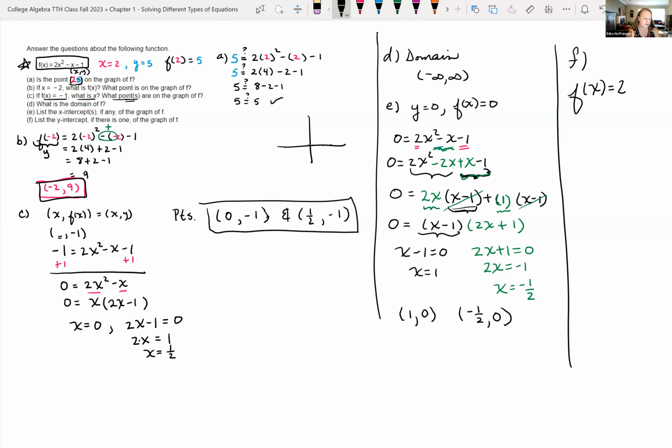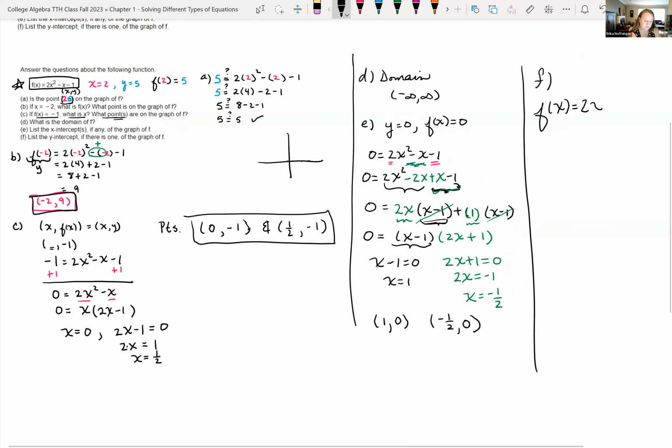f of x equals 2x squared minus x minus 1. And again, y-intercept occurs when x is equal to 0. And so all we have to do here is we need to figure out what y is when x is equal to 0. And so we can denote that by f of 0. And go in here, wherever we see an x, we're replacing it with 0.